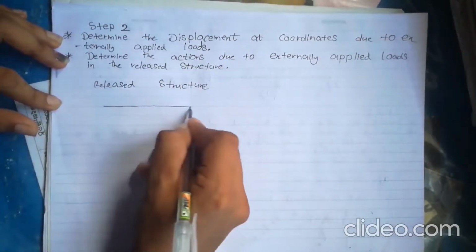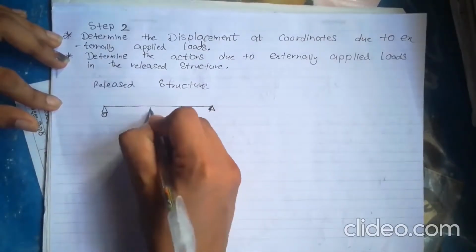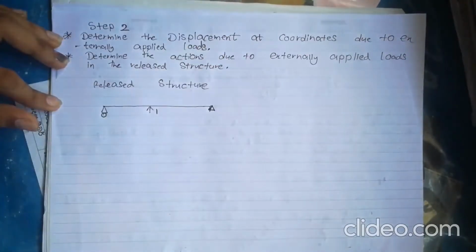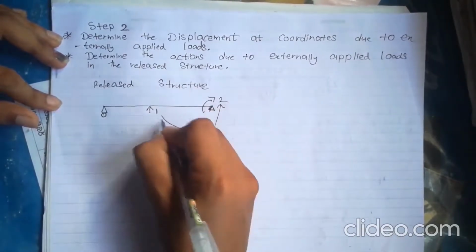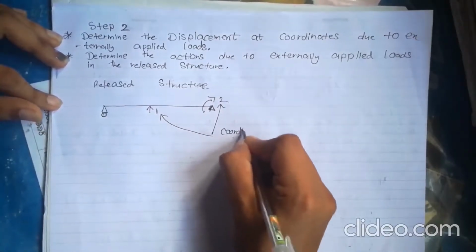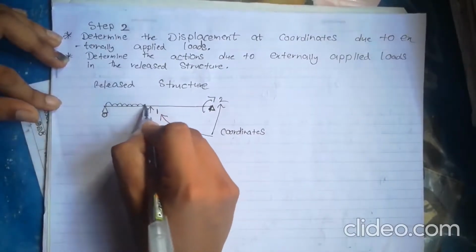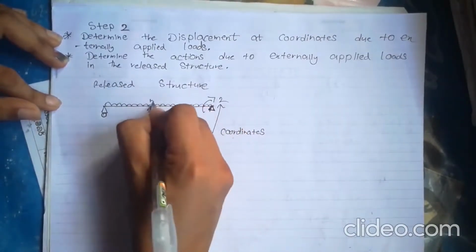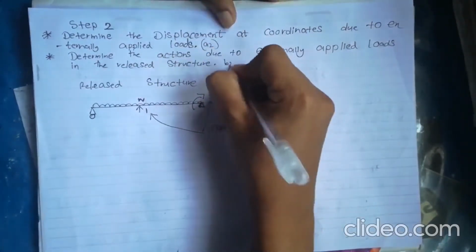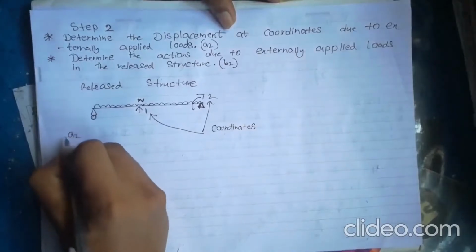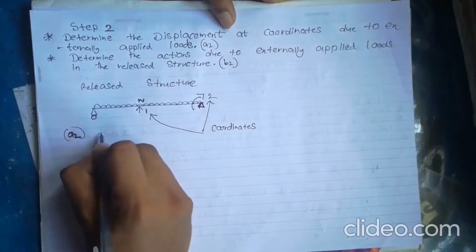You can see I am drawing the released structure and marking coordinates 1 and 2. These coordinates are not any kind of load or bending moment, they are just positions where I release the structure. The UDL is the externally applied load here.